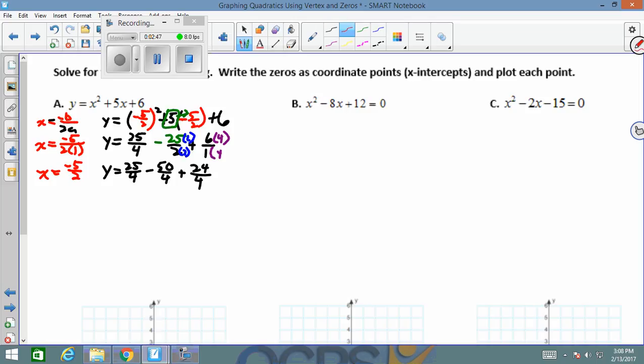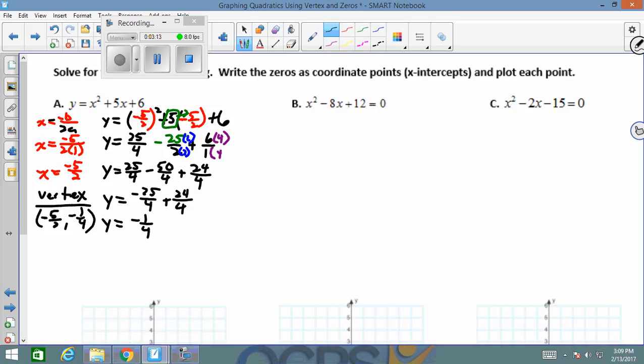So y equals 25 minus 50, negative 25 over 4, and then negative 25 plus 24 is negative 1 over 4. So our vertex is at -5 over 2, negative 1 over 4.